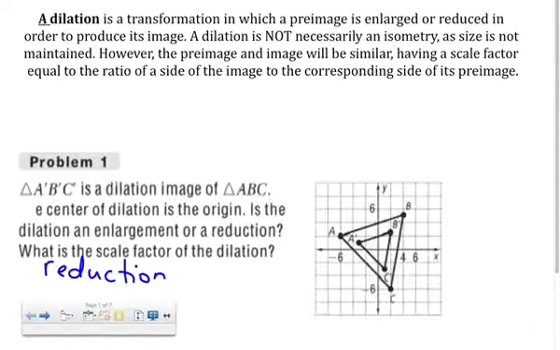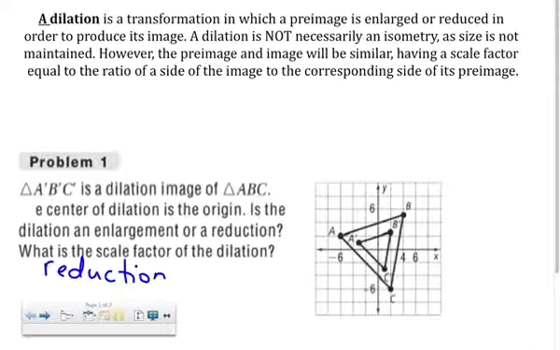Yeah, you could, but you'd be making your life a whole lot harder than you need to. Because our center of dilation is the origin, does it make sense that we can just use the ratio of one of the new coordinates over its corresponding old coordinate?